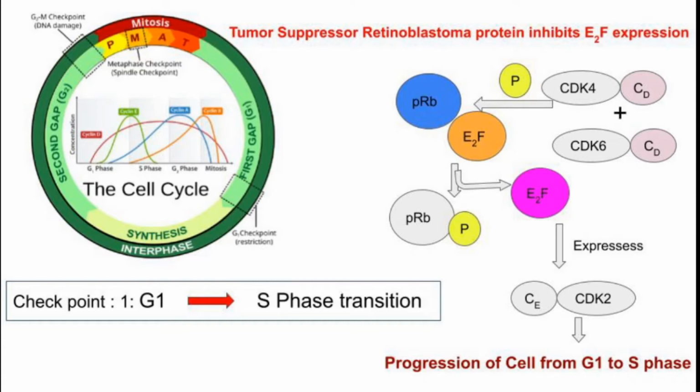As a result of this phosphorylation, retinoblastoma protein withdraws its inhibition from E2F, as a result of which E2F expresses itself and forms a complex between cyclin E and cyclin-dependent kinase 2, as a result of which the cell progresses from G1 to S phase.